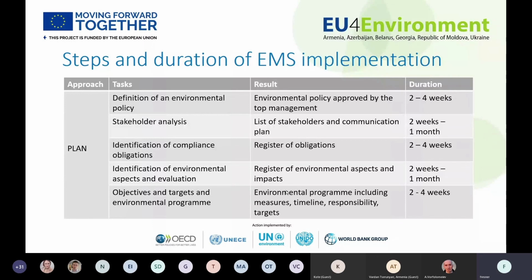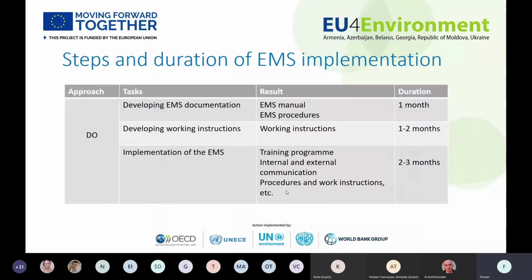Identification of environmental aspects and objectives, each another 2 to 4 weeks. Then the development of the documentation. This is now assuming that we go for a slim manual and maybe 10, 12 procedures, will take around a month. Working on instructions might take another one.